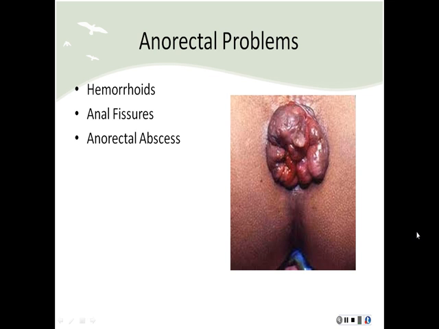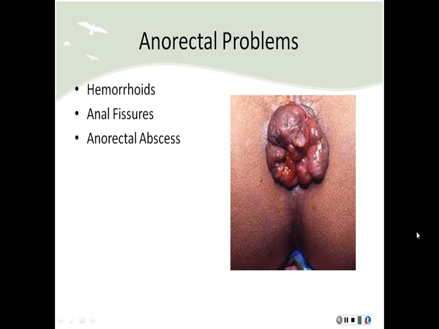Fissures are treated by softening the stool and preventing constipation so that they can heal. Sitz baths may also be used as they promote circulation. And then pain medications such as analgesics or suppositories may be used. Surgery can be done to remove the fissures if other measures are not working.